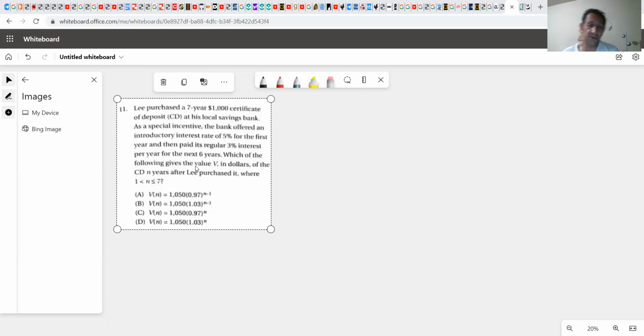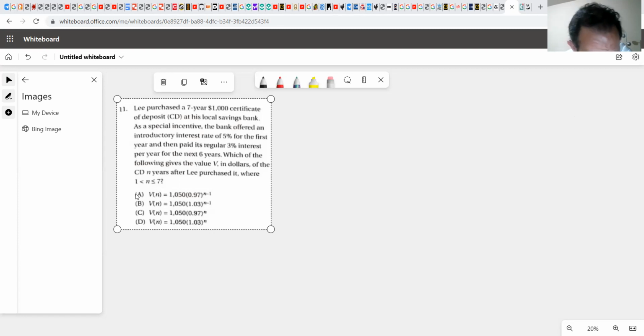Okay. So this looks like it's an exponential problem, and it's having a 5% interest and 3% interest. So it's a case where you are growing, so basically the exponent is growing.